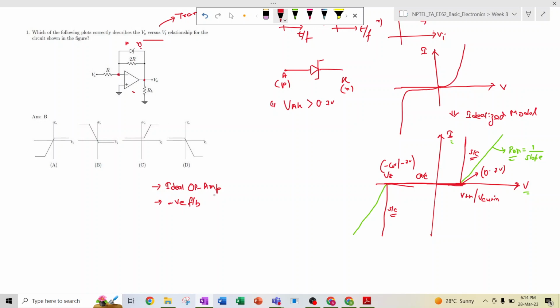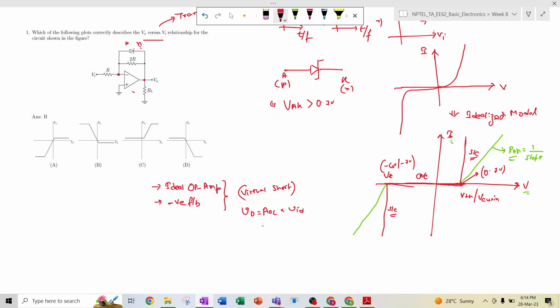As a result, we can use the concept of virtual short. As I have already discussed, for the op amp the output is nothing but the open loop gain, AOL, times the voltage difference across the op amp terminals.